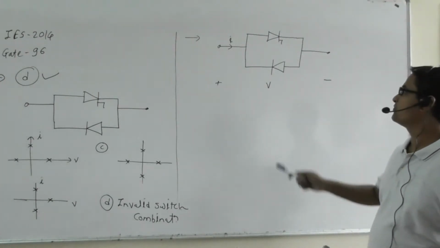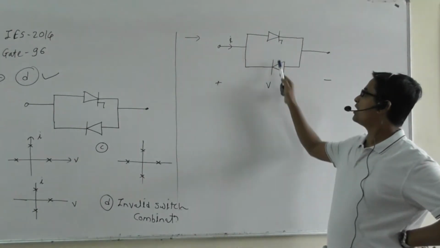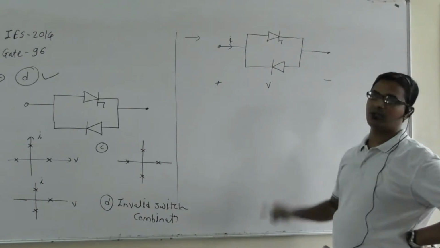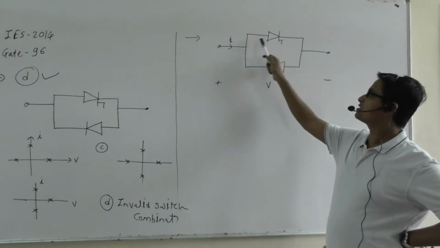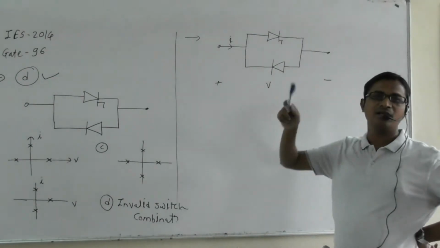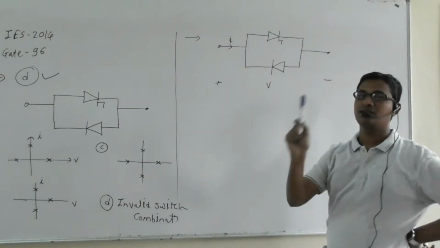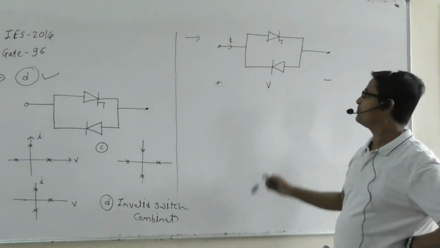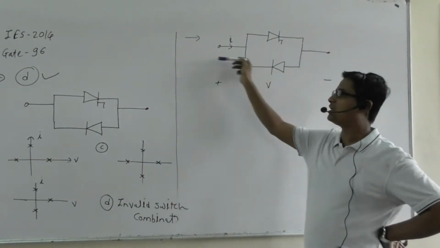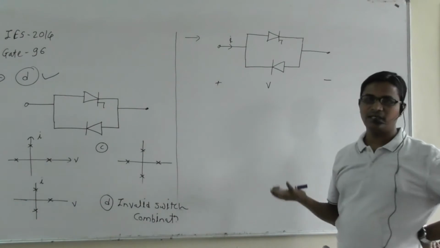Suppose these two are in the conduction mode. If the thyristor is in the conduction mode, it will allow the current in this direction, that is, the forward current is allowed by this switch. Similarly, suppose the diode is in the on state, the current will flow in the opposite direction also.